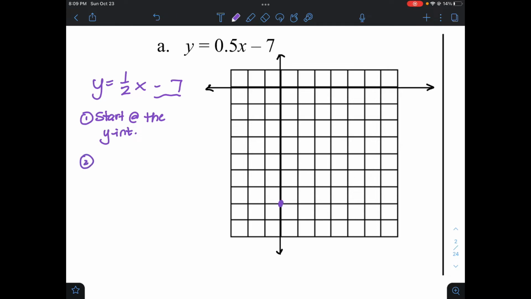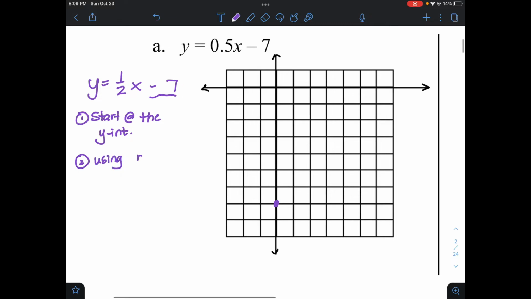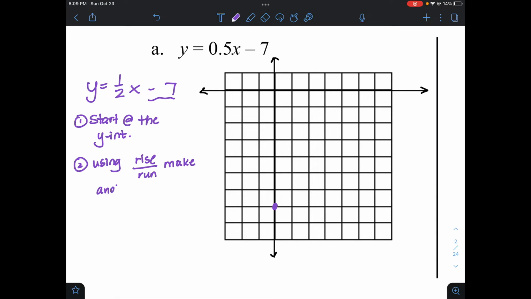The second thing we do is use rise over run to make another point. Starting down here, my slope is 1/2, so that's up 1, to the right 2 since it's positive.